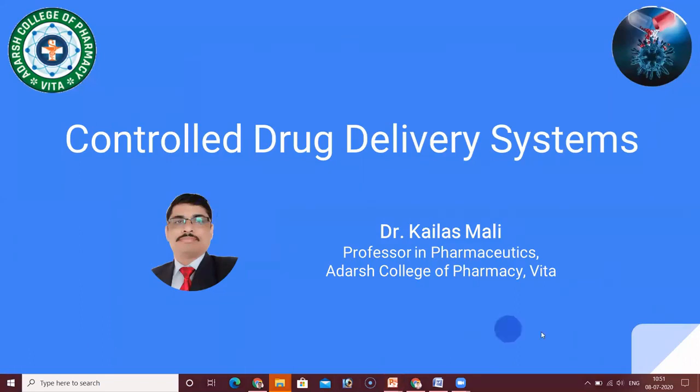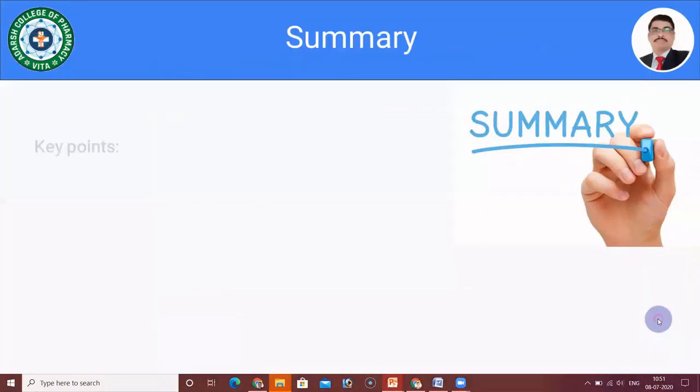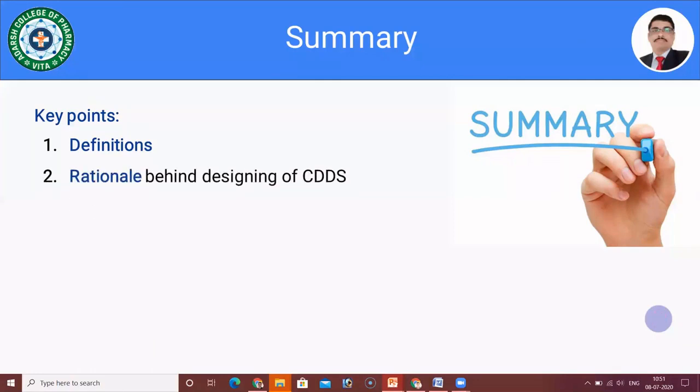Till today we have discussed so many parameters related with the controlled drug delivery system. Initially we discussed all the definitions related with controlled drug delivery systems, that is sustained drug delivery, controlled drug delivery, and modified drug delivery.